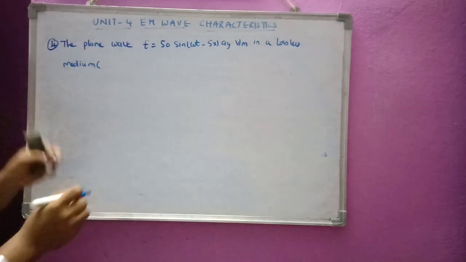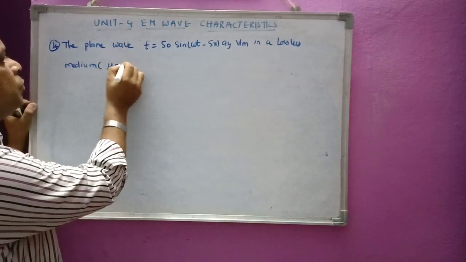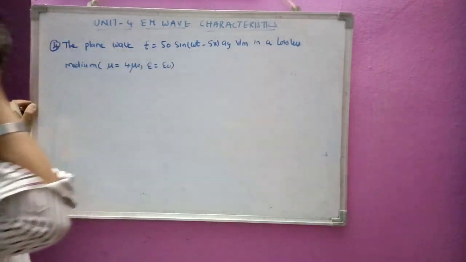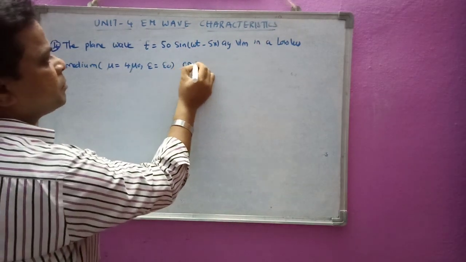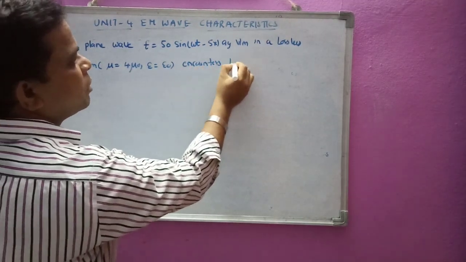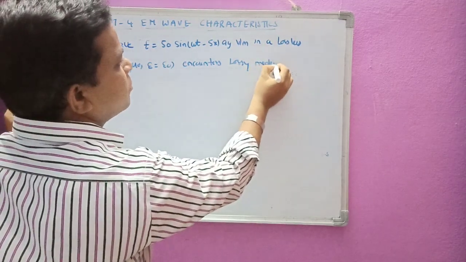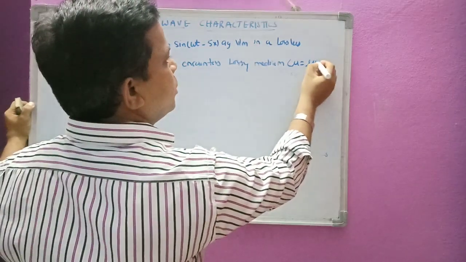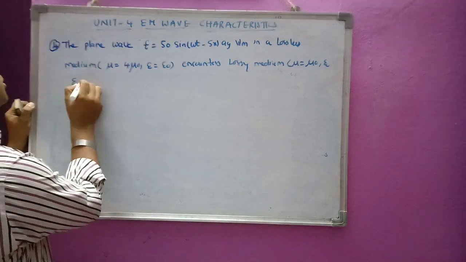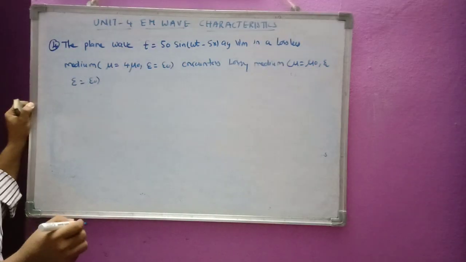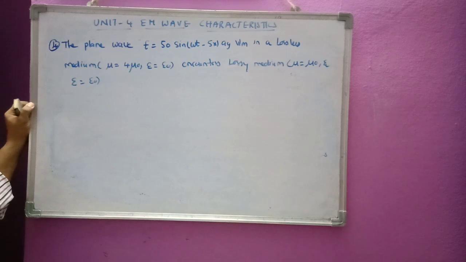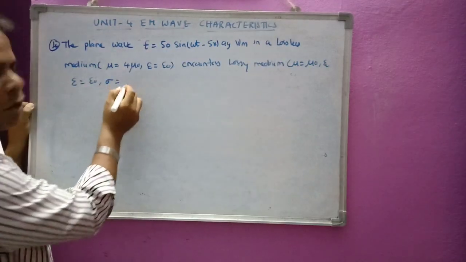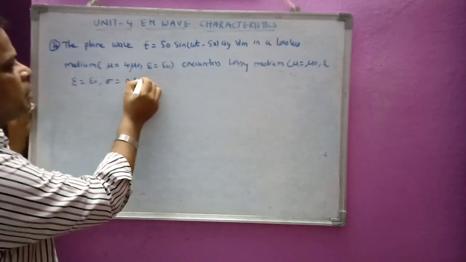He has given the values for the lossless medium also, that is mu is equal to 4 mu naught and epsilon is equal to epsilon naught, and it encounters a lossy medium, that is mu is equal to mu naught and epsilon is equal to epsilon naught, and sigma is equal to 0.1 Siemens per meter.